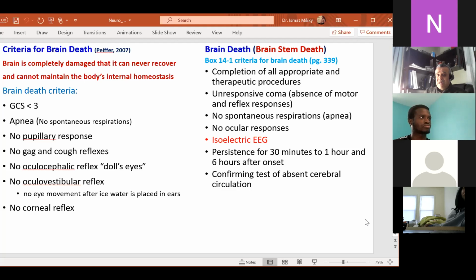These are taken from 2 different resources. The left-hand side of the slide is from the IGI textbook, and the other one is from a different textbook. Most of the criteria are almost the same and very similar, especially with the Glasgow scale, in the first one, which did not take into consideration the Glasgow scale, for example.